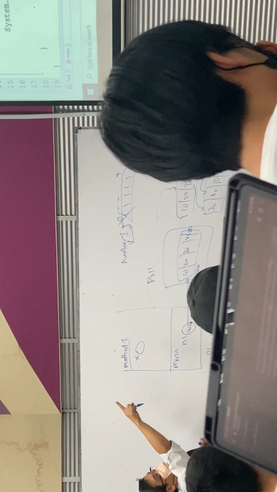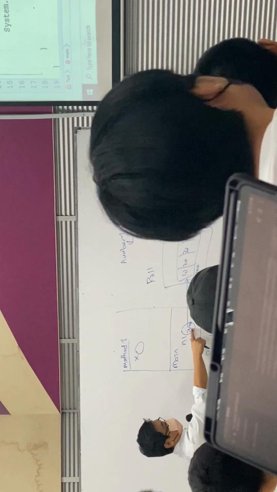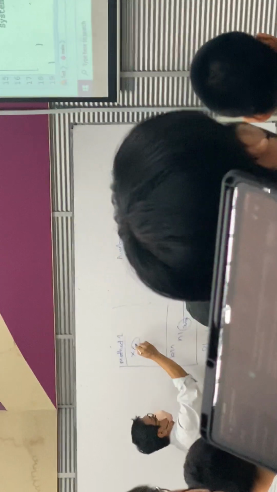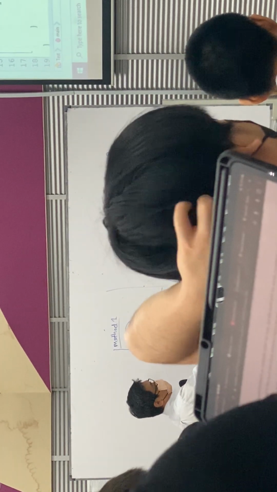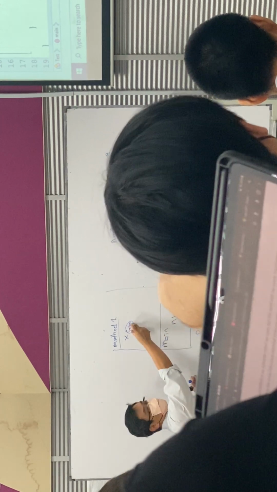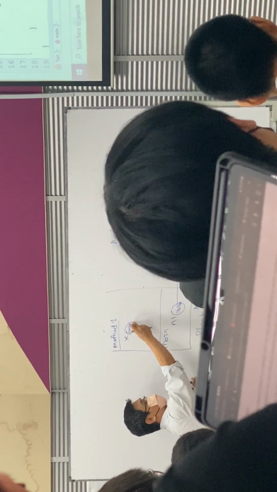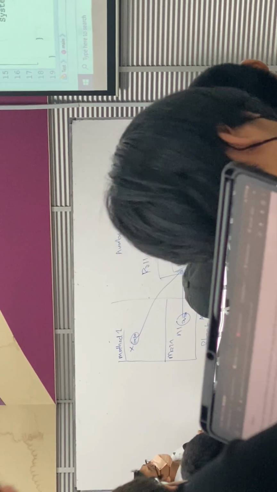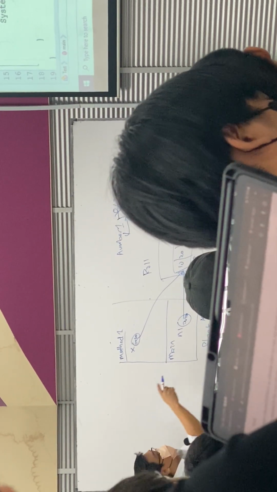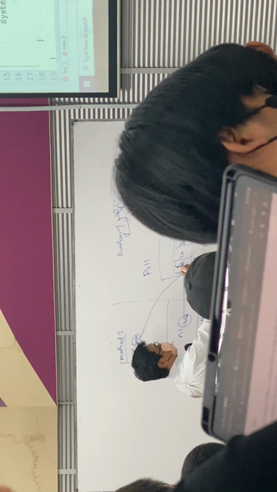X is an array. Array is a pointer. So it means that you pass this data, this is an address. You pass the address to here, making this pointer point to here. Follow? Then now you change x[0] equal to 0.